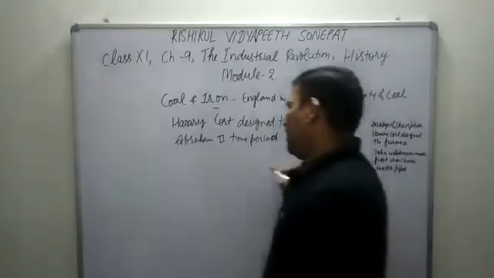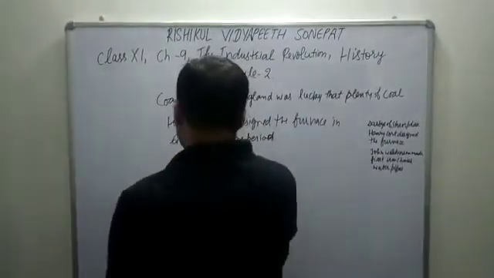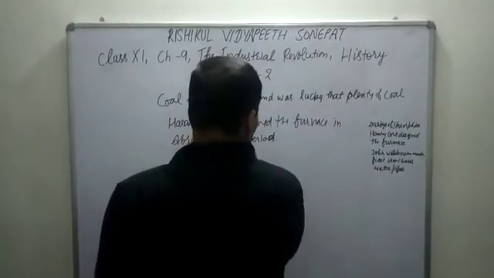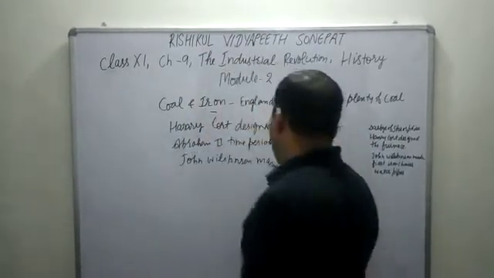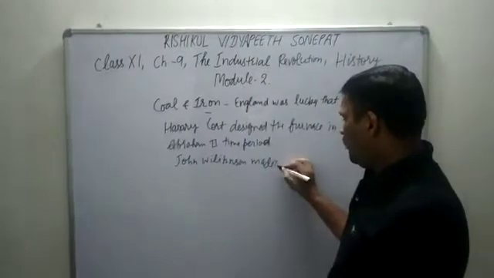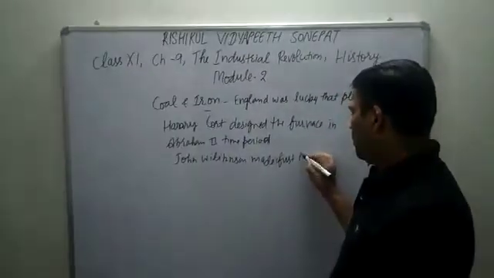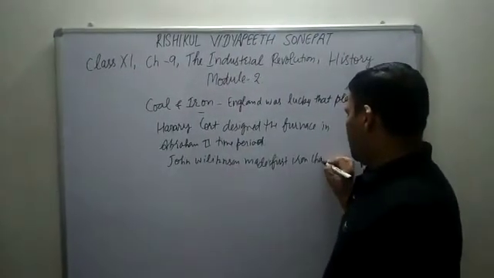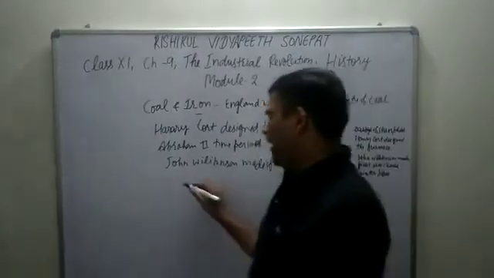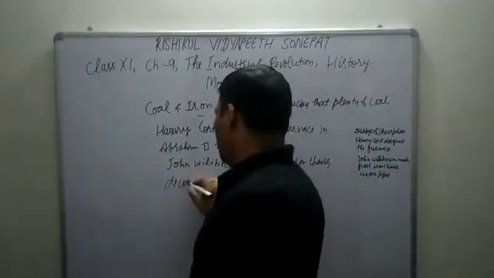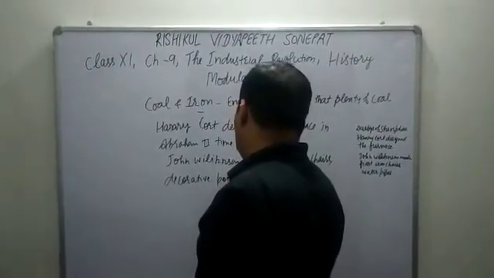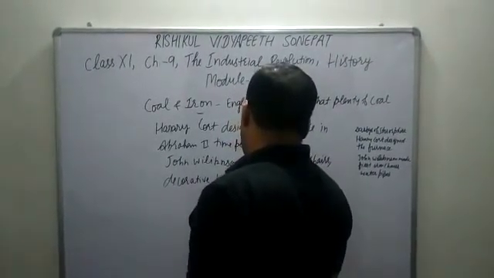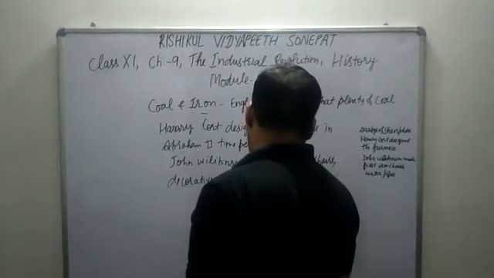And even in this time period, John Wilkinson made the first iron chairs and even some decorative flower pots and other vessels.